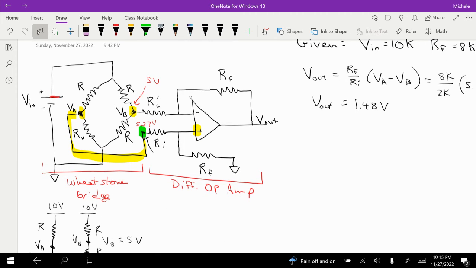So if VA at this point is 5.37, then I can calculate the voltage drop across here. And that allows me to find both the current in those resistors, but also the value of V plus right here, so that I can set it equal to V minus right here. So let's go ahead and do that.